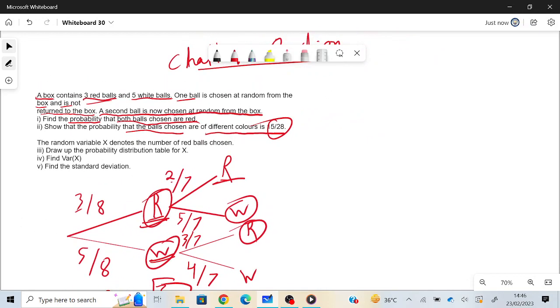Now it says the random variable X denotes the number of red balls chosen. Draw up the probability distribution table for X, where X denotes the number of red balls chosen. Okay, so let's go ahead and do that real quick.